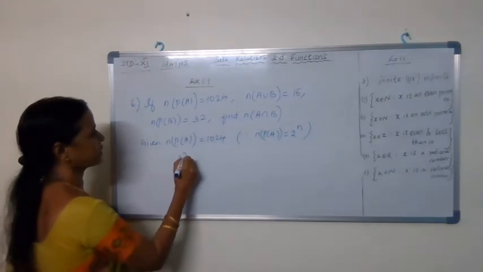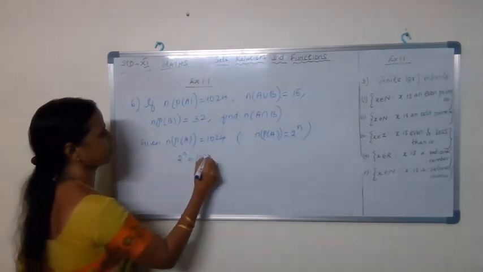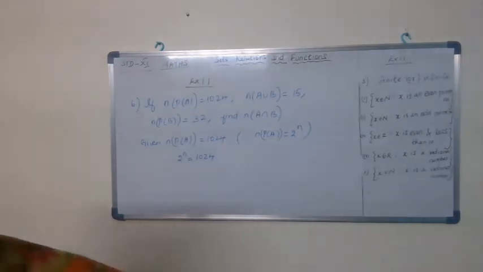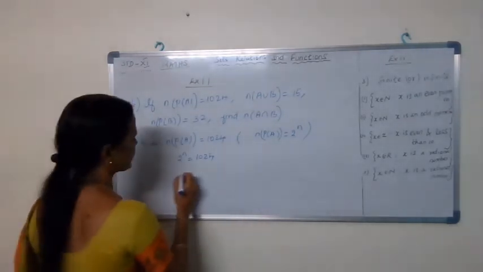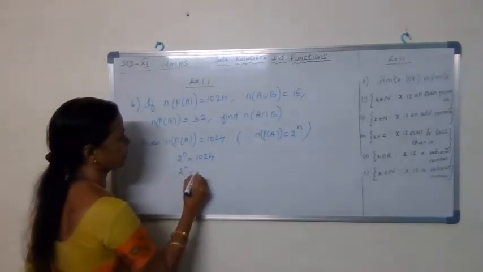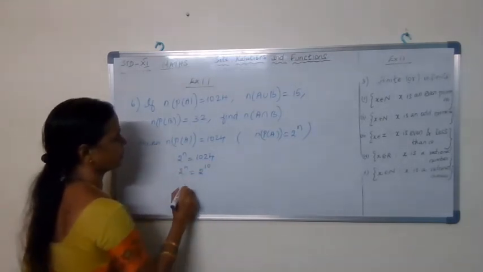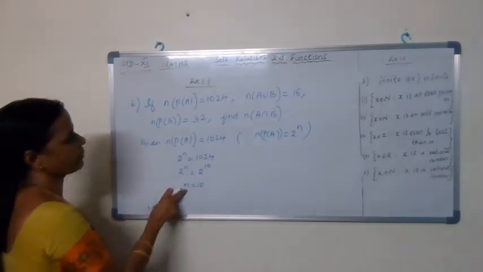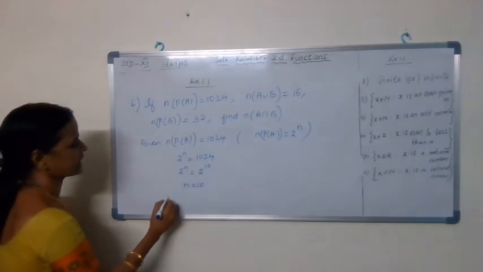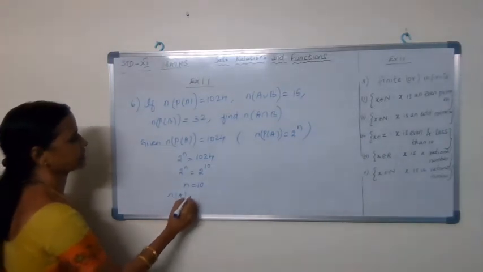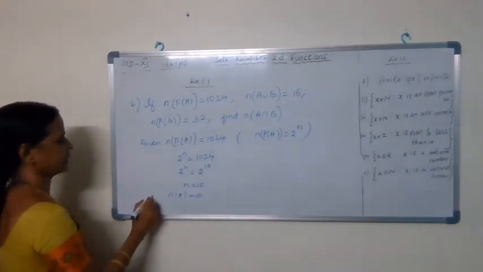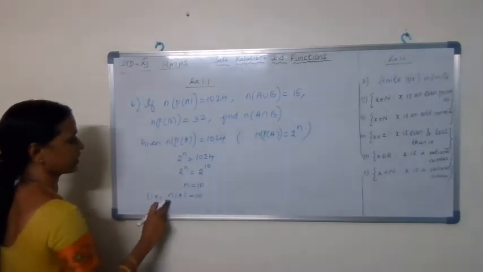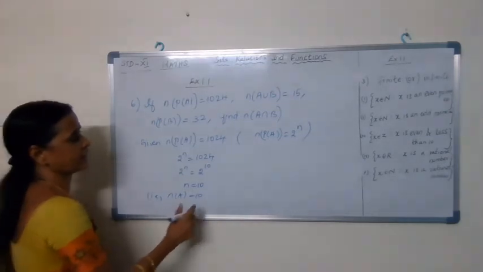Therefore, 2 power n is equal to 1024. You can write this as 2 power n is equal to 2 power 10. Therefore, n equal to 10. Here n means the number of elements in the set A, that is, n of A is equal to 10.